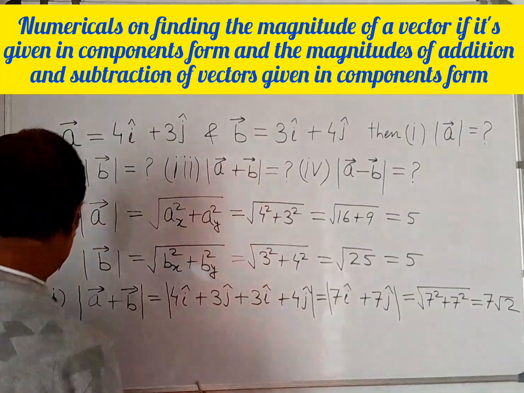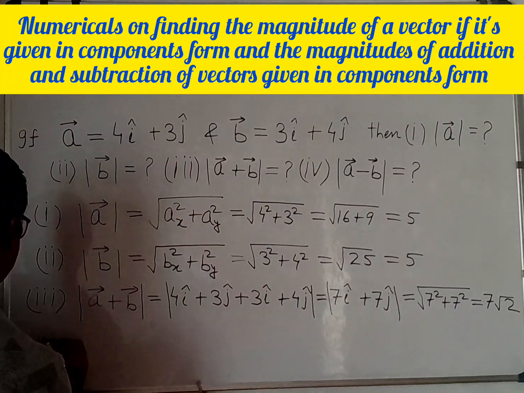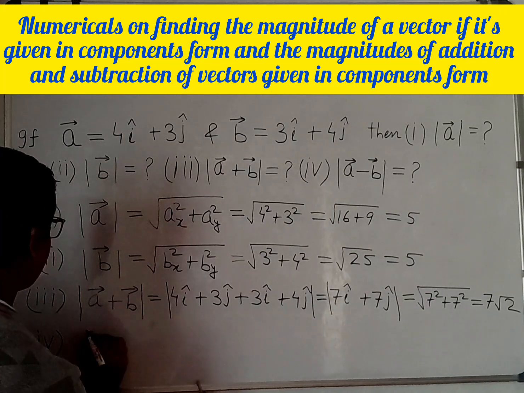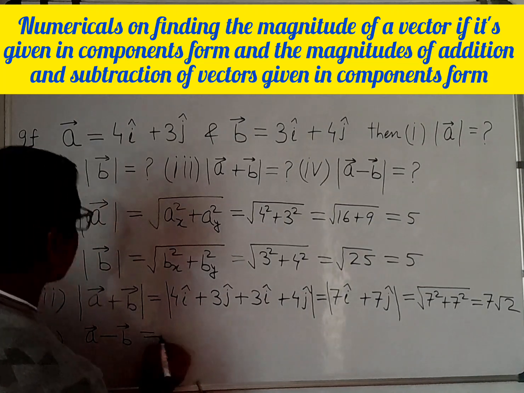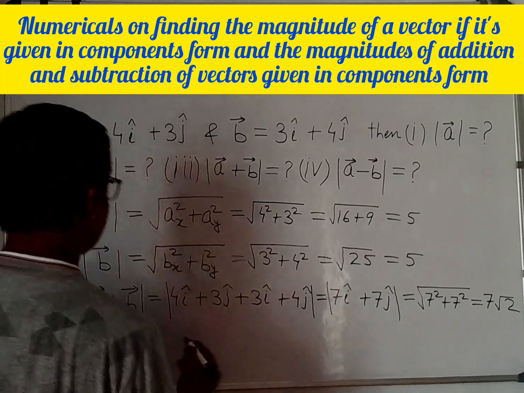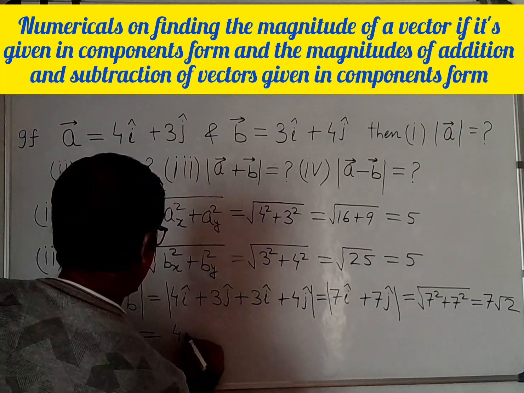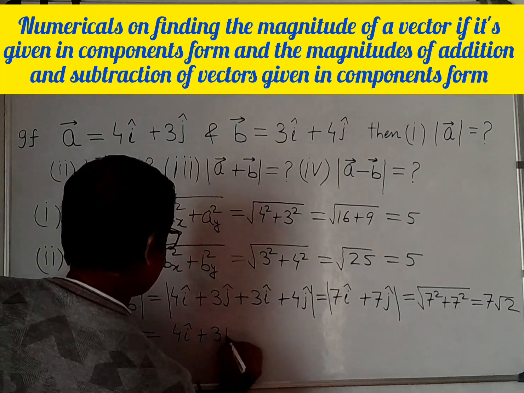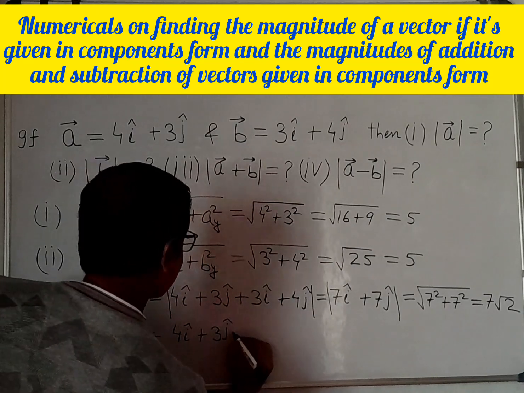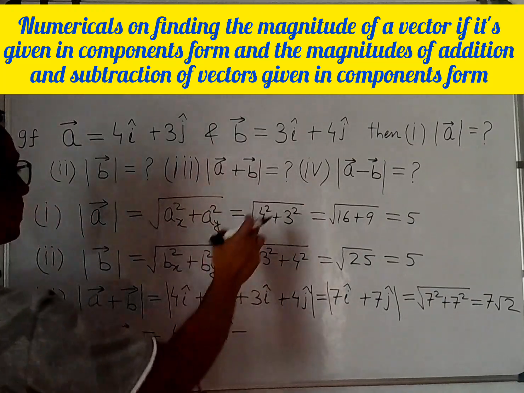And the last question, question number 4. First of all, find A minus B. It will be equal to, A is 4i hat, add 3j hat, minus B. The magnitude of A minus B is being asked.